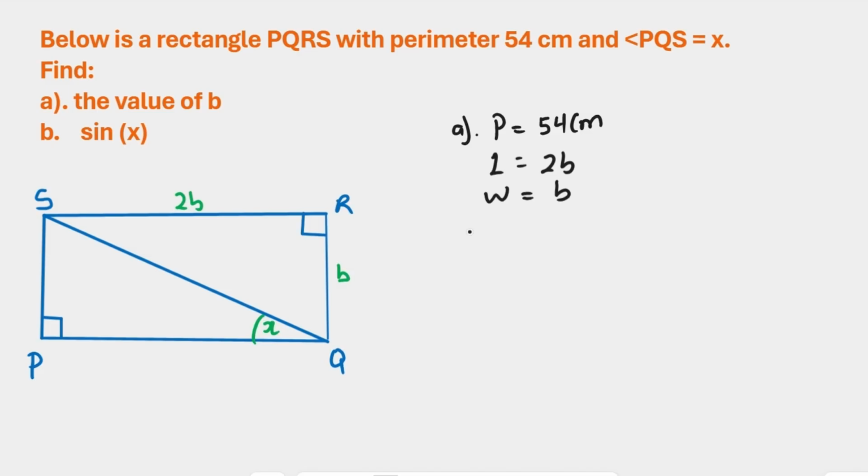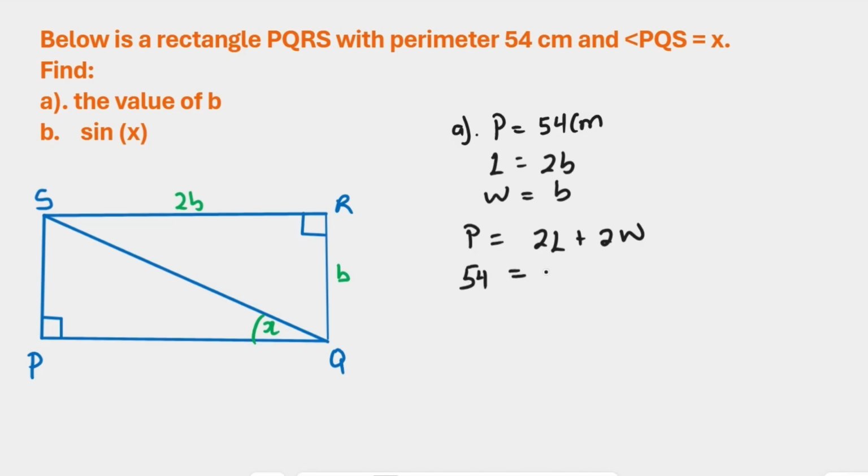The perimeter of a rectangle has this formula, that is 2 times the length plus 2 times the width. You have to know this formula. So now that we have this information, we can just do substitutions here. So P is equal to 54.